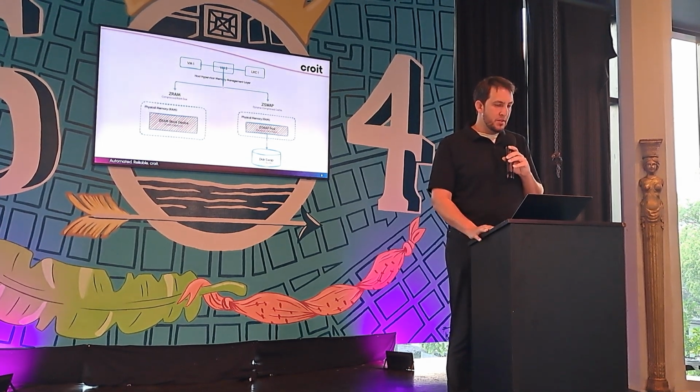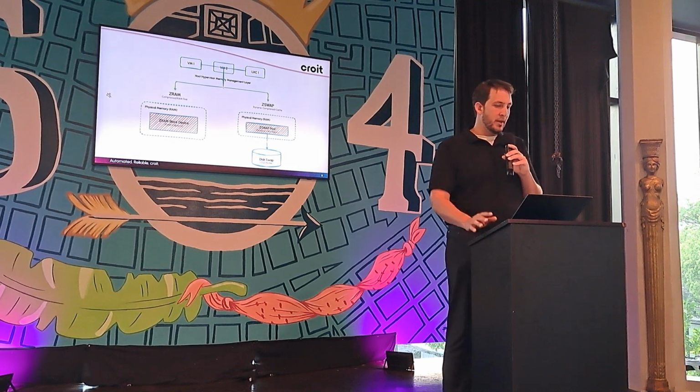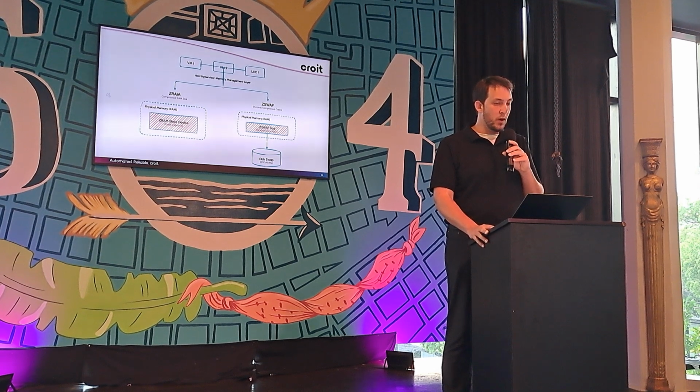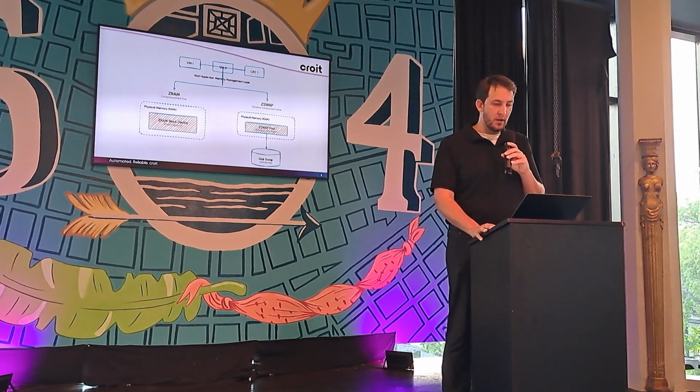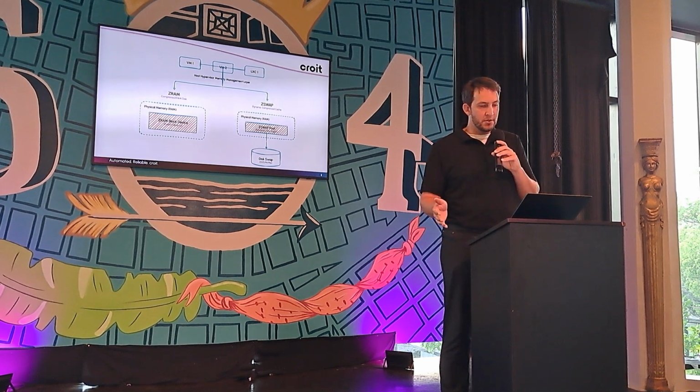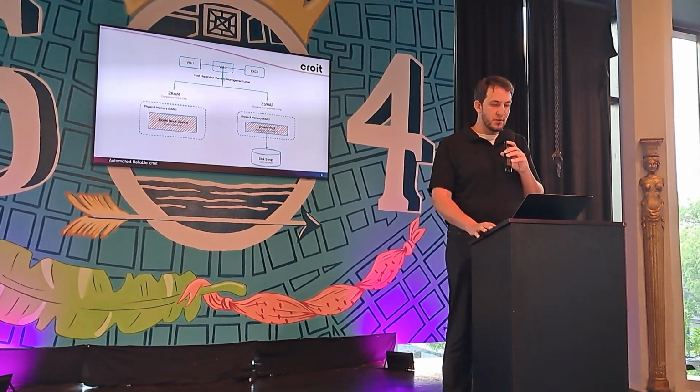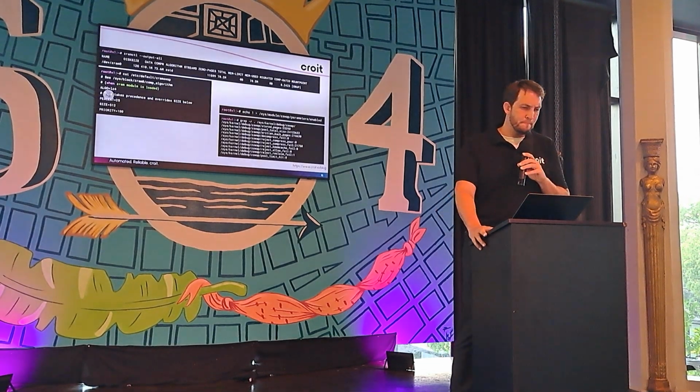But a critical point: do not combine ZRAM and ZSwap, because ZSwap intercepts pages before they ever reach any swap device, including ZRAM itself. So if both are active, ZSwap grabs everything first, and ZRAM just sits idle, wasting memory that you allocated to it. So pick one or the other.